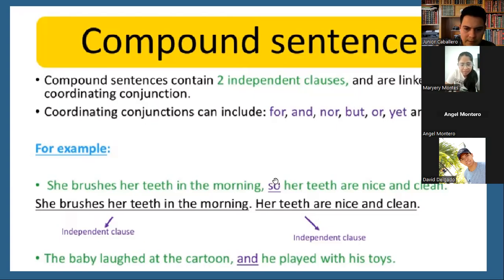Ok, vamos a olvidarnos del so por un momento y vamos a decir her teeth are nice and clean. ¿Dependiente o independiente? Independiente, también puede ir sola. Sus dientes son geniales y limpios. Eso puede ir solo también.